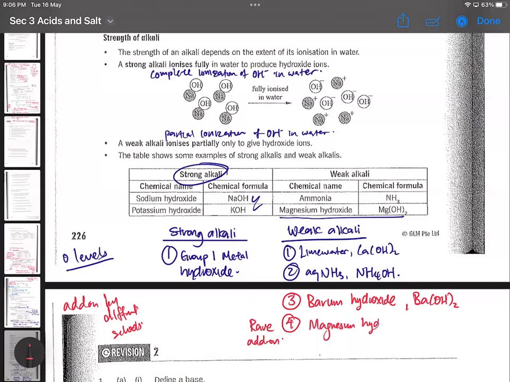I just let you know that some schools say it is, but don't try to remember this. Very, very rare. Barium is much more common as an add-on. But other than this, the concept of the strength of alkalis is the same thing: partial and complete ionization.